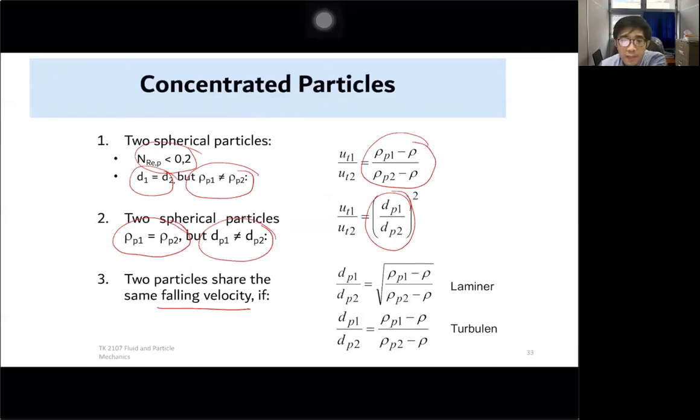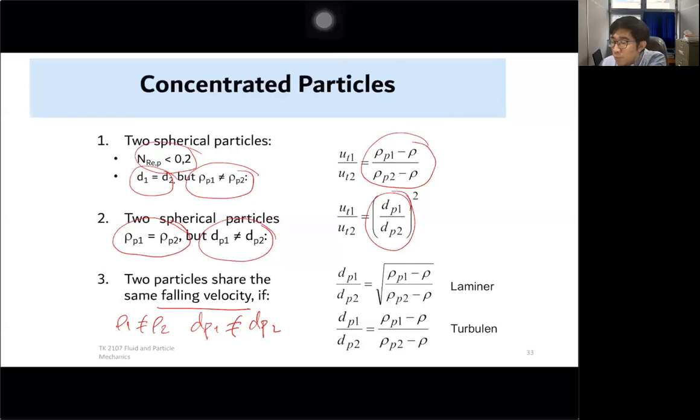Two particles will have the same terminal velocity, or falling velocity, if you have two different particles, right, where the density is different and the particle diameter is also different.